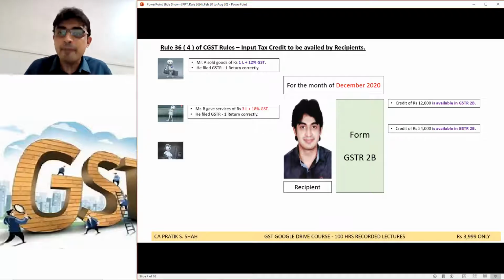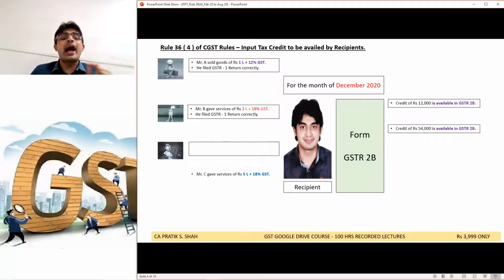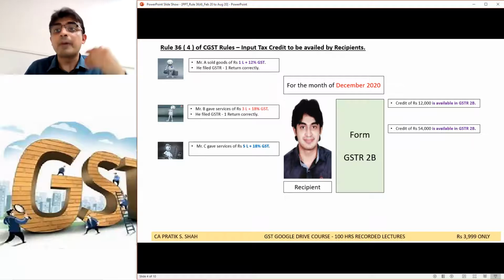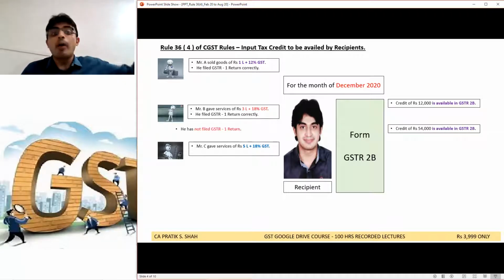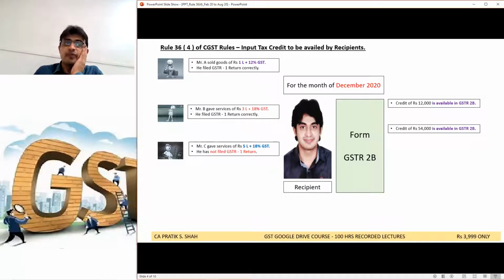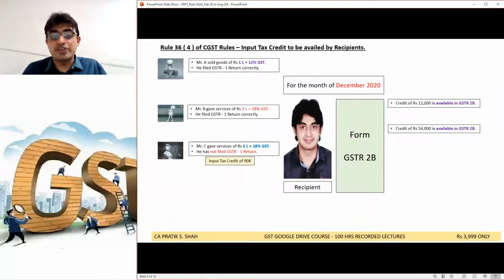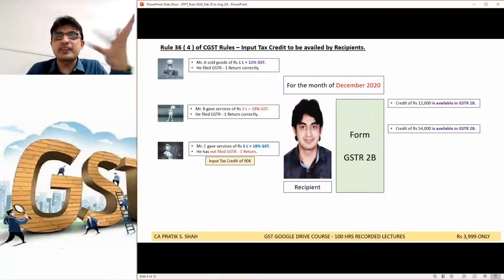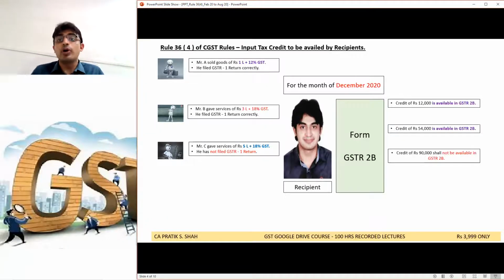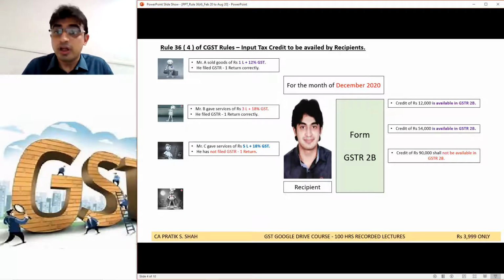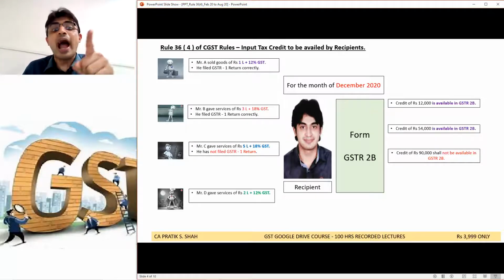Correct. Now what happened? From this supplier, I avail services of 5 lakh plus 18% GST. But this supplier did not file GSTR1. Since he did not file GSTR1, this 90,000 ITC never came in my 2B or my 2A. I cannot see in my 2B. This is not available. Correct. Now from this supplier, I again took service of 2 lakh plus 12%.